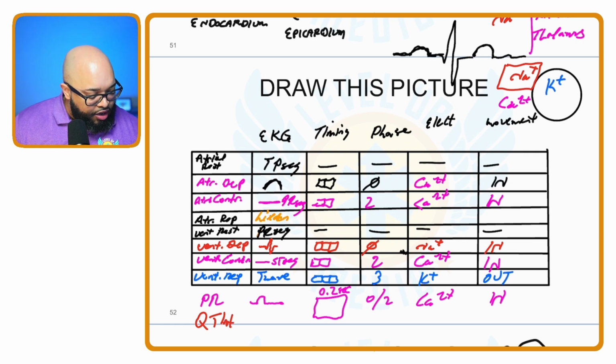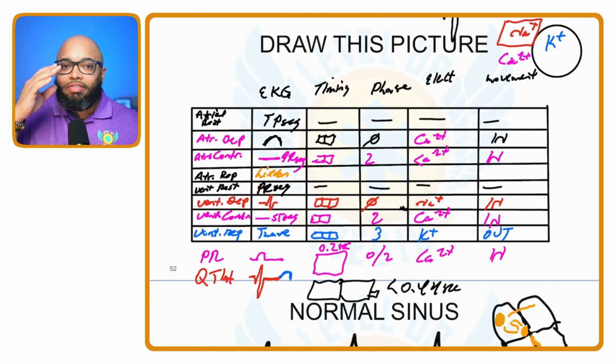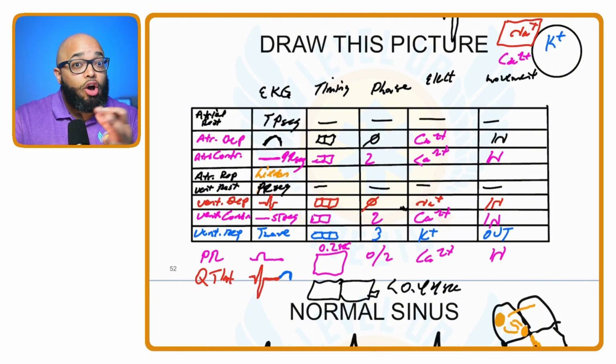Okay, the QT interval is going to be all of the QRS, the ST segment, and the T wave. All of that should take place within, we said, generally 2 big boxes worth of time. So the normal QT interval is 2 big boxes and 1 little box, but it needs to be less than 0.44 seconds. But remember that the QT interval changes as the heart rate changes.